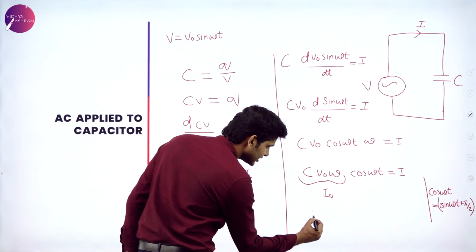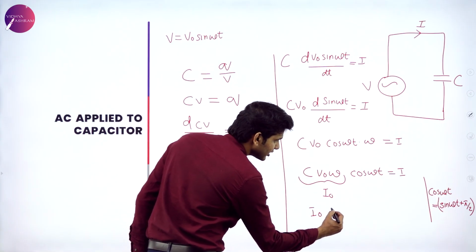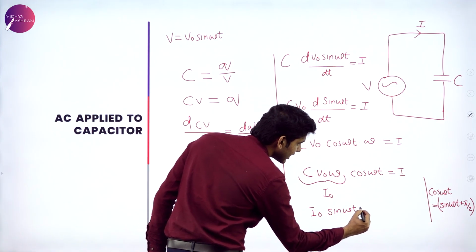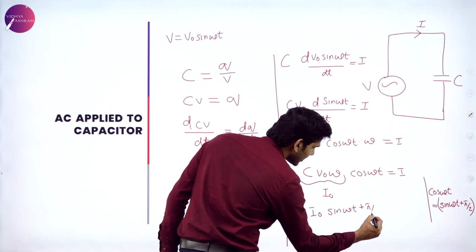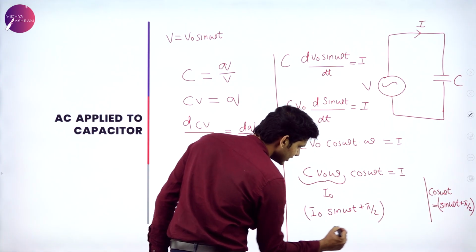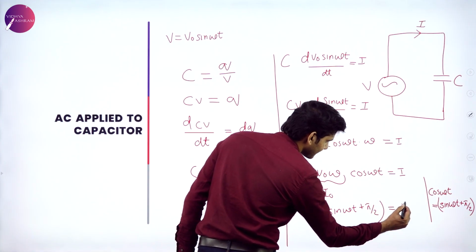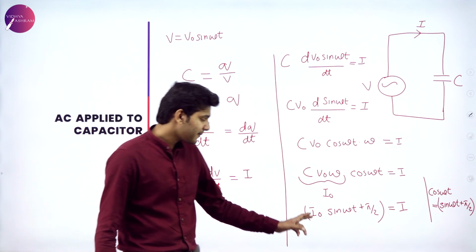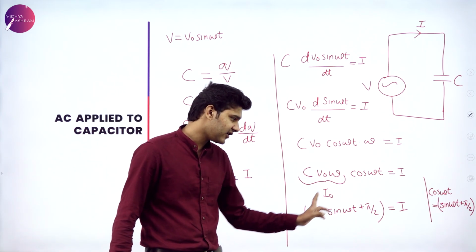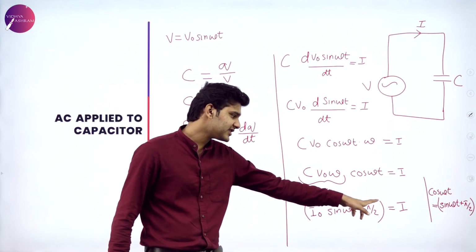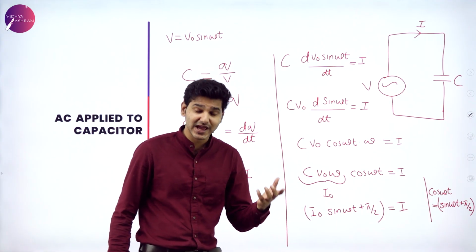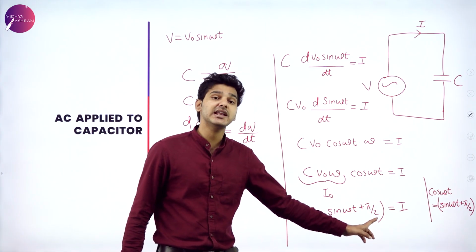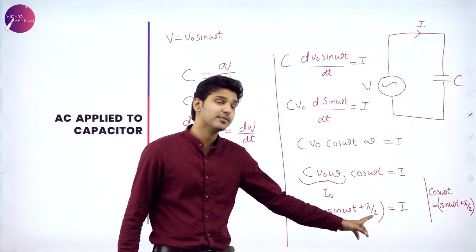So I can write I naught sine of omega t plus pi by 2 is equal to I. So current is equal to the peak value of current times this sine function. This is the current wave function. Simply, I can say that current is leading voltage by pi by 2.